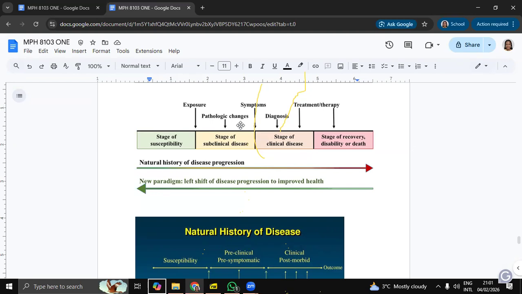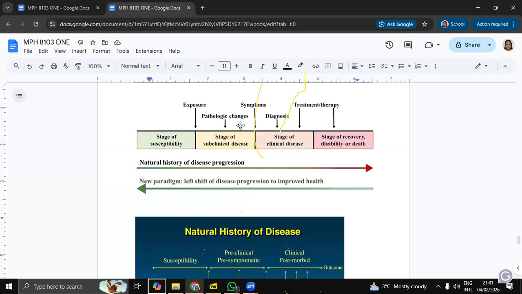And then sometimes in hepatitis, where the person is normal, the person is okay, but the person has that organism inside of them, and they can give it to somebody else. So that's another outcome. And the other outcome can be the bad one, which none of us like, the worst of them, which is now death. Now, this is the natural history of disease progression.